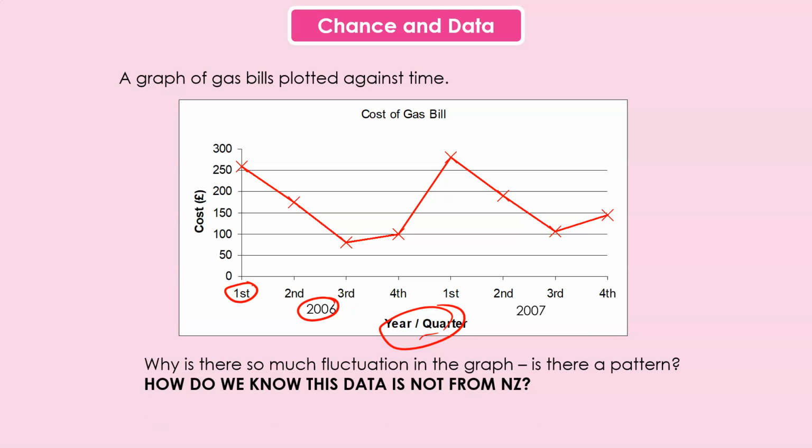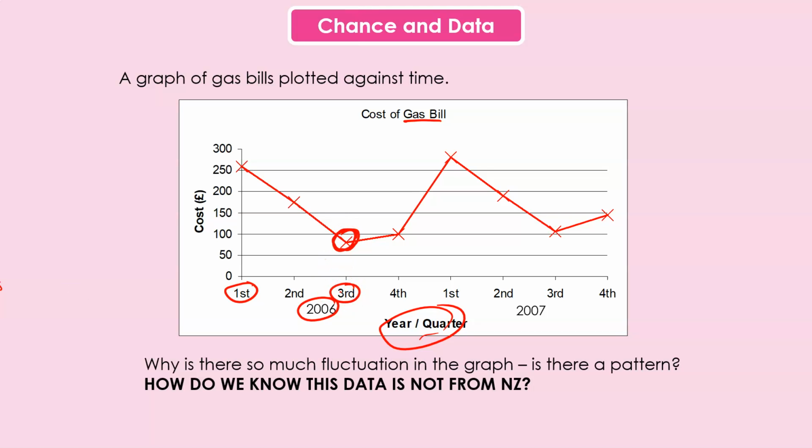The way we can work out that this wasn't New Zealand is, first of all, very few of us have a gas bill. However, that's becoming more prevalent now with people having gas bottles and things like that. The main reason we can tell is that the lowest gas bill came in the third quarter.